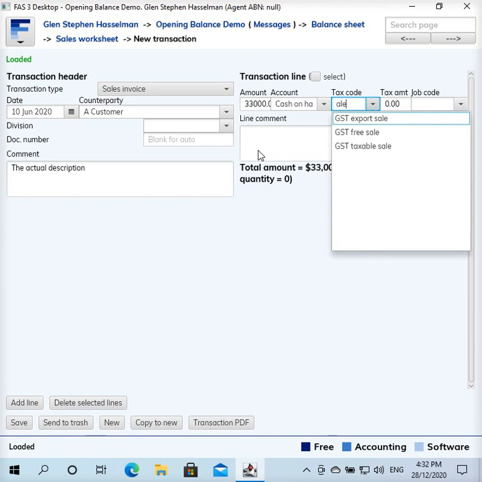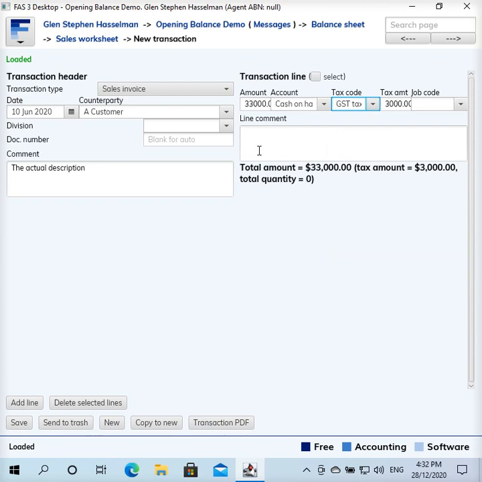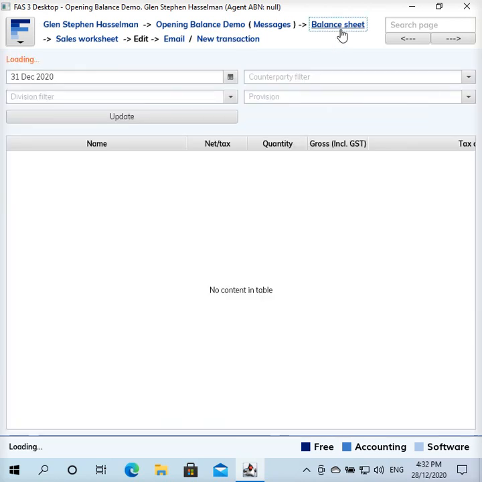For the GST, you actually have to put the correct GST code. So if you register with GST, in this case I've picked GST taxable sale, and then save that. Now let's have a look at what this has done on the balance sheet.